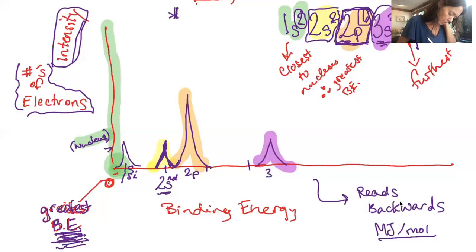Now, remember that the 3p is still on that third energy level, so we're going to be in very close proximity here. But it does not penetrate quite as close to the nucleus as the 3s, as the s orbitals. So it's a little bit less binding energy. Now, notice we have a 3p3.